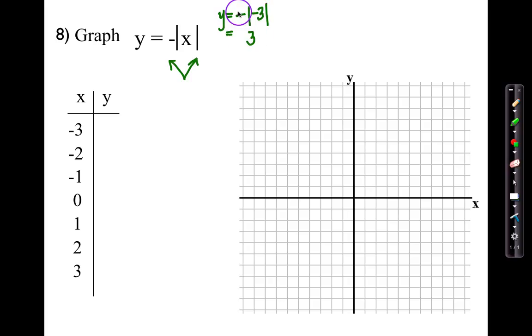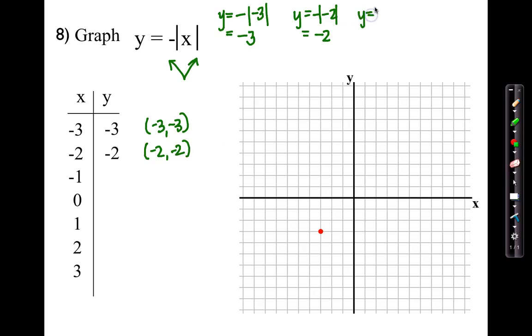It's 3. And then what's the opposite of it? -3. So my ordered pair is -3, -3. And here's your point. Next, y equals the opposite of the absolute value of -2. The absolute value of -2 is 2, but you need to take the opposite of that, so that's -2.